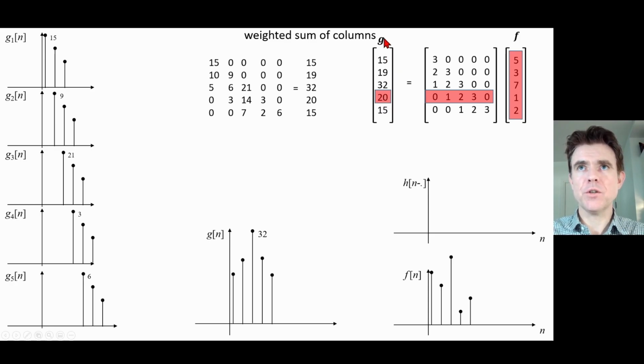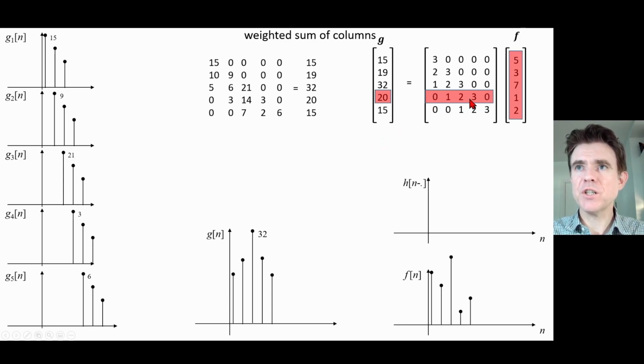Okay, so this is output vector G. And we've got the 5 sample points, n equals 0, 1, 2, and n equals 3 is this value of 20. And we can see that by the other understanding of matrix vector multiplication, this value here is just obtained by taking this row vector of the matrix and taking it in scalar product with the input vector.